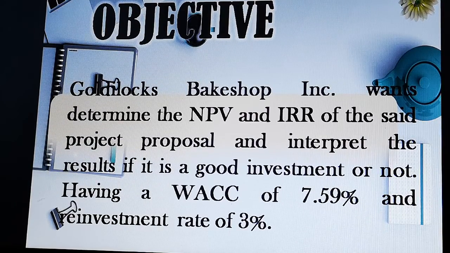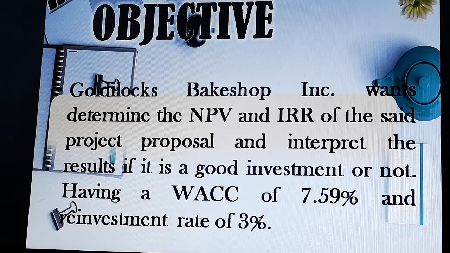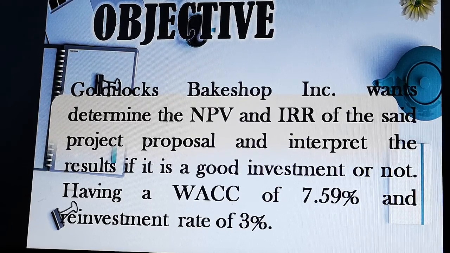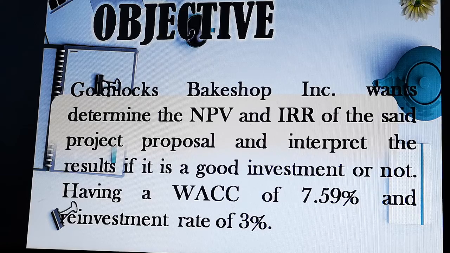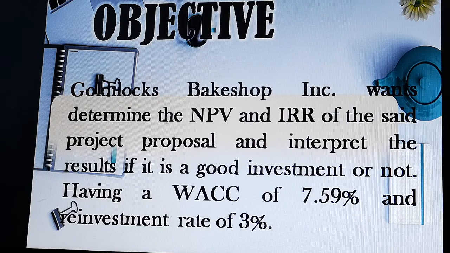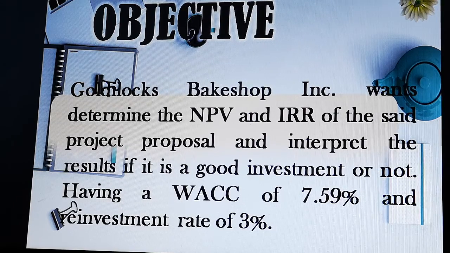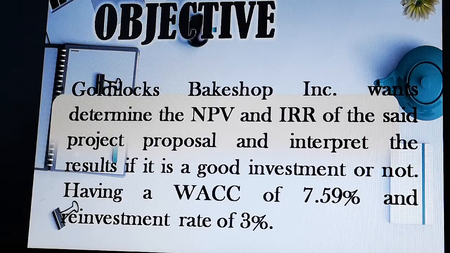The objective of Goldilocks Bake Shop Incorporated is to determine the net present value and then the internal rate of return of the said project proposal and interpret the results if it is a good investment or not, having a weighted average cost of capital of 7.59% for United States of America and reinvestment rate of 3%.